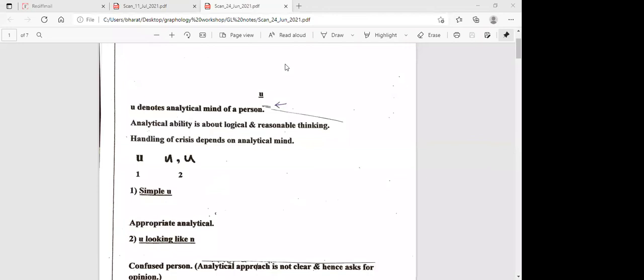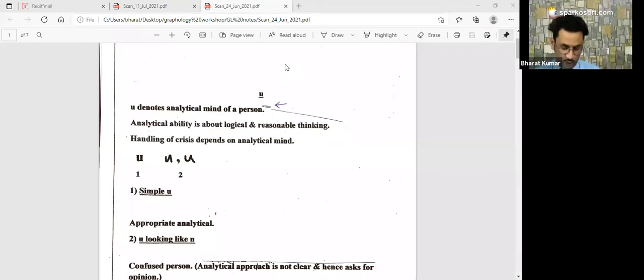That is their natural behavior. So how many of you agree with this? You have good analytical behavior. Thank you. Many of you agree.